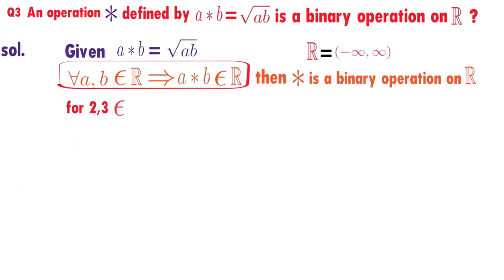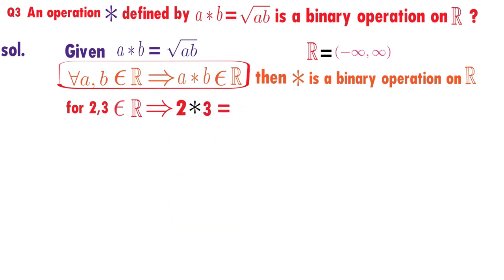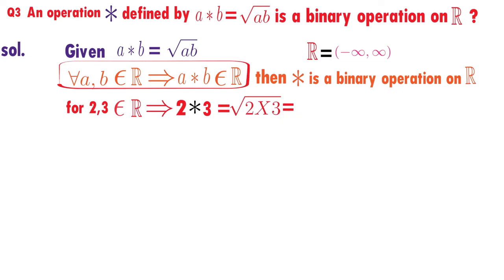Now I'll take two real numbers, 2 and 3. I'll calculate 2 star 3. What is a star b? Square root of ab. So 2 star 3 is square root of 2 into 3, that is root 6.